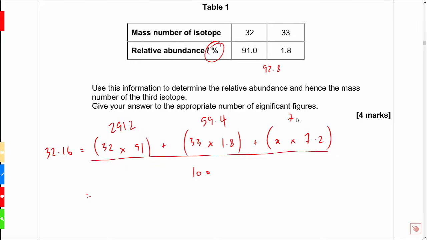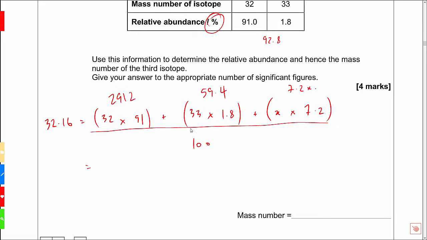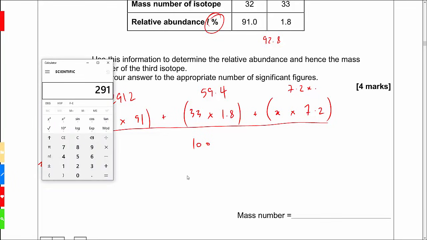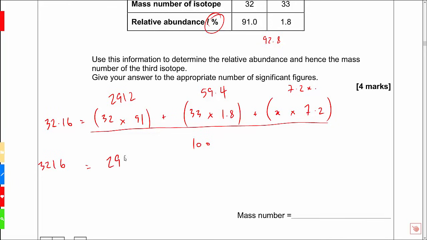Now this one's 7.2x. So what I'm going to do is rearrange this slightly. I'm going to multiply both sides by 100, so I'm going to end up with 3216, and that's going to be equal to 2912 add 59.4, which is 2971.4, add 7.2x.